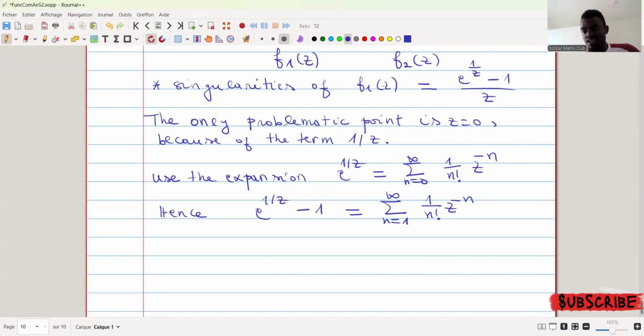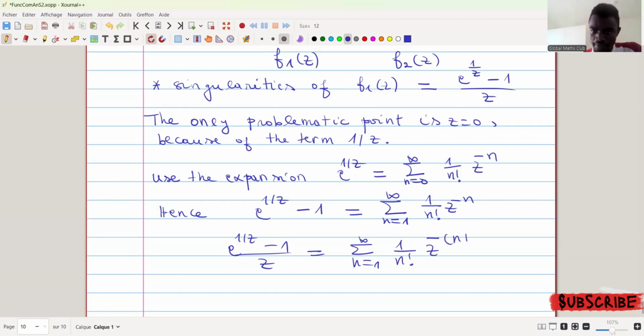Now we have to divide this term by z. When you divide it by z, putting n equal to 1 you have this, for 2 you have 1 over 2 factorial z, then 1 over 3 factorial z squared, and so on.